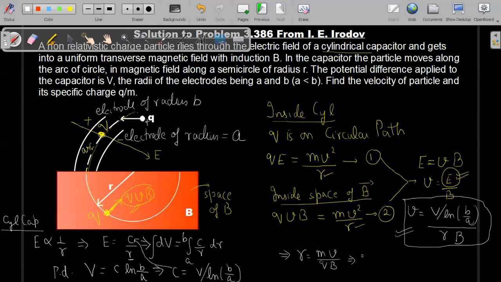So from here, Q over M, which is the specific charge Q by M, is nothing but V divided by B into small r. So V we have already calculated. You have to substitute the value of V here, and once you substitute, you will find Q by M as capital V over r square B square, and then ln of b by a, and that's the value of specific charge in this question.